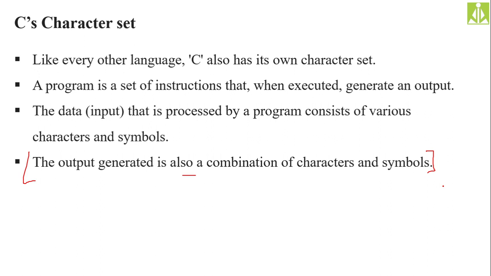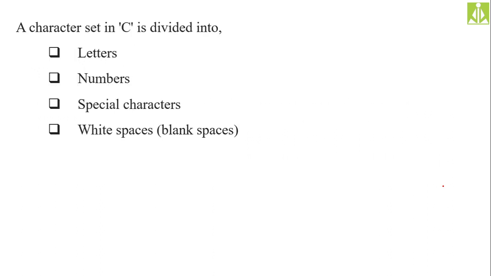So what are those different characters that are allowed when writing C programs? In the sense, is there any standardization, is there any standard that has been made for that? Yes, of course. So in C's characters, we have four different types of symbols. First, let us quickly study these things.